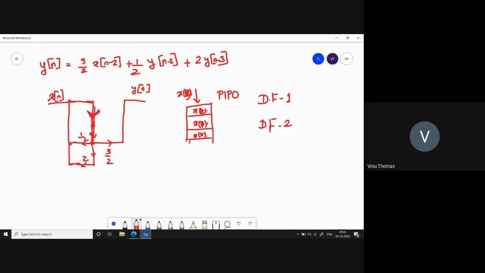In the next clock, it will still be pushed downwards, and you will have this value here. If you require x of 0, it will be available only here, and if you require x of 2, that is available only here. So even if you do not have any use for x of 1 at the present instant, in the next instant you will require x of 1, because that will be coming here. Is that understood? It's always being pushed downwards.